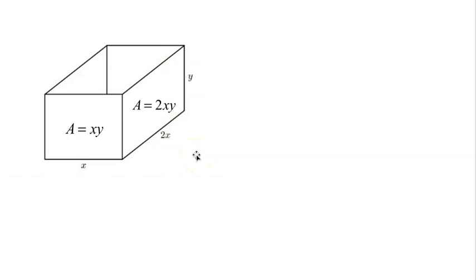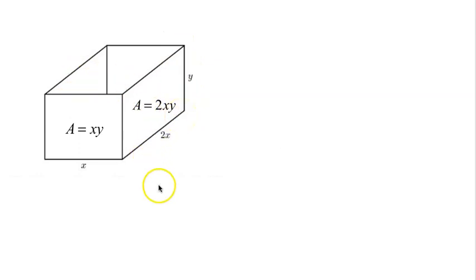So there are 5 sides to this box. Here, the front piece, you'll notice this distance is x, this distance is y. So this area here would be x times y, the front and back of the box, would have an area of x times y. The right side, the length is 2x and the height is y. So the area of the right side and the left side would be 2xy.